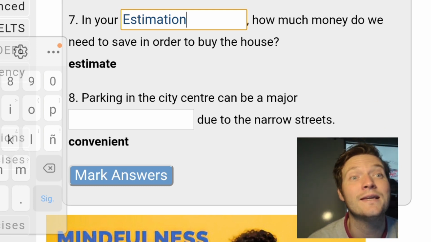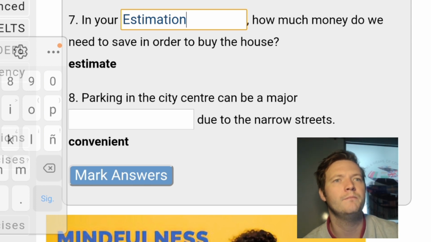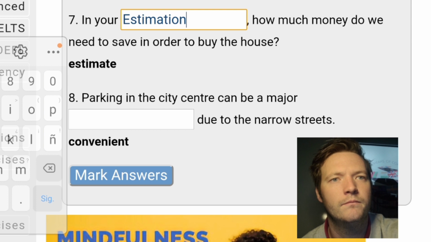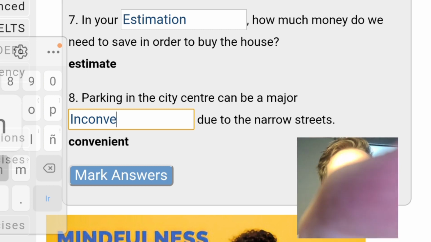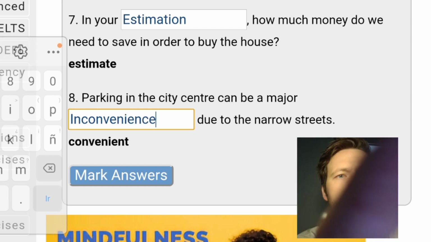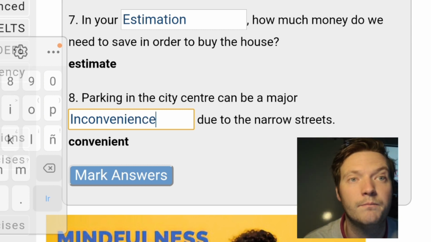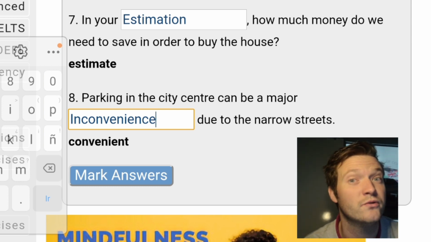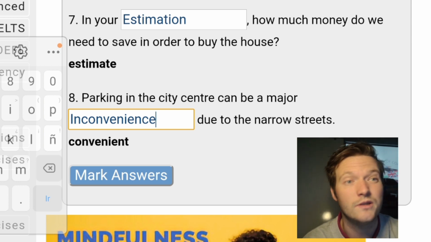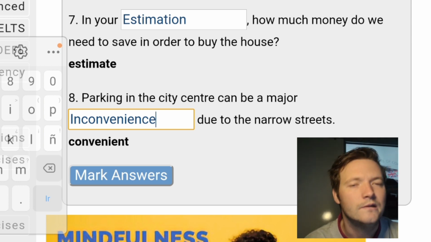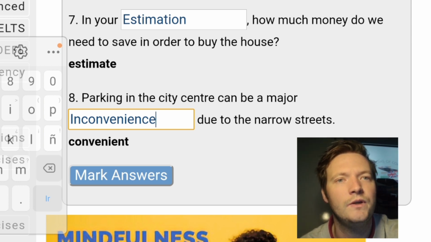Parking in the city centre can be a major inconvenience due to the narrow streets. They're very narrow, and so it's difficult to park. It's such a nuisance, such an inconvenience.